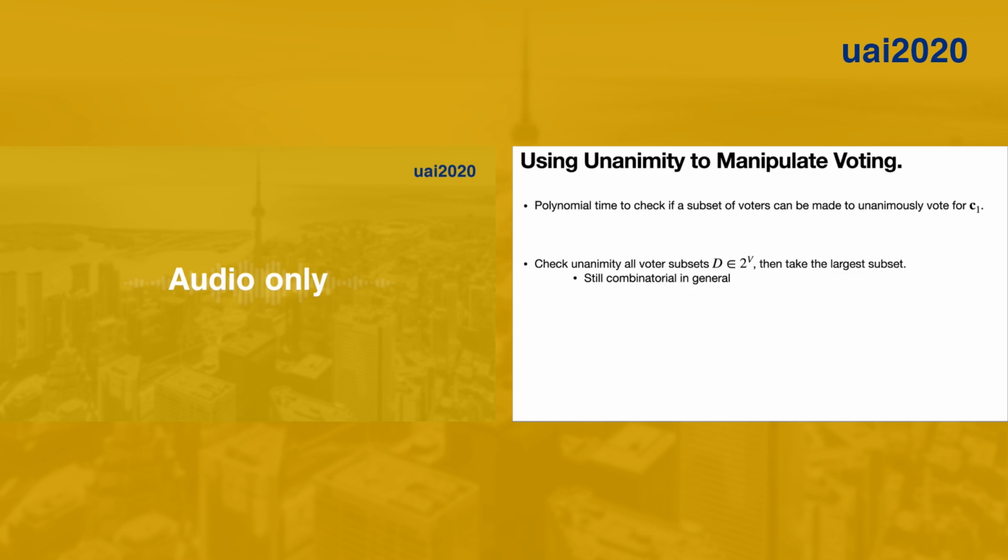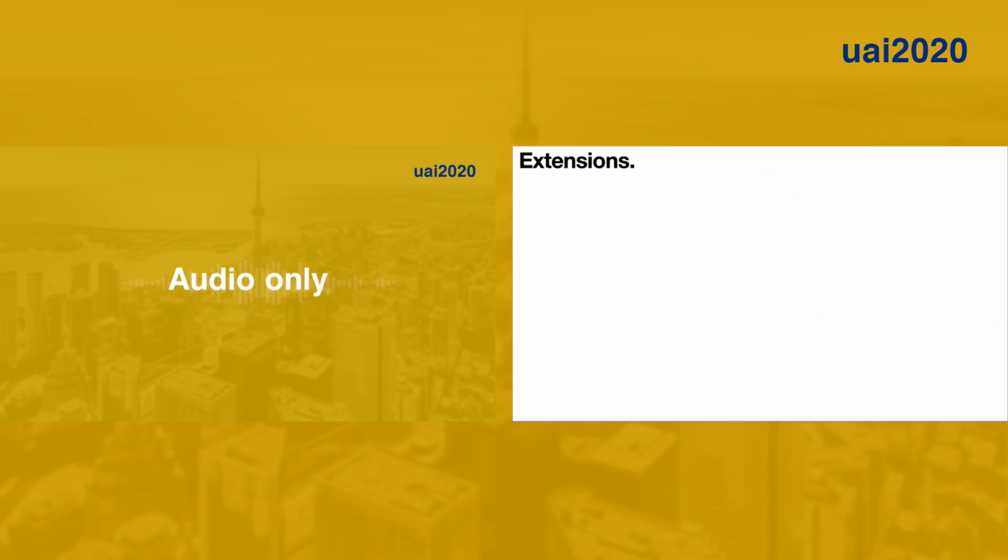So if we were to just check every single subset, this would still be a combinatorial problem. However, in the paper, we provide a wide range of instances of problems such that only a polynomial number of these voter subsets would have to be searched in order for you to determine if your desired candidate could be made to win the election.